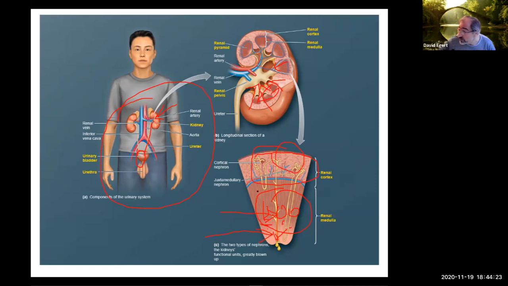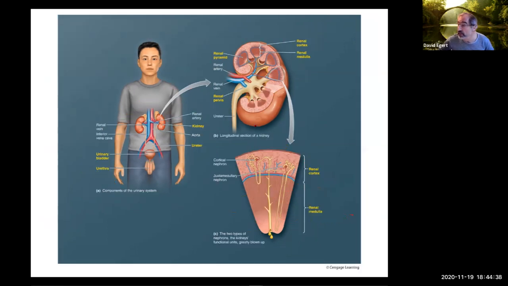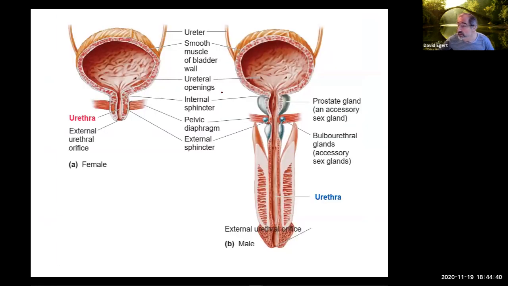The idea that there is this gradient, it's normal 300 milliosmolar in the cortex, but you get down to like 1200 milliosmolar down in the medulla due to the activity of those deep loops of Henle. Here, internal sphincter. The one that is smooth muscle is just going to relax based on stretch of the walls of your bladder.